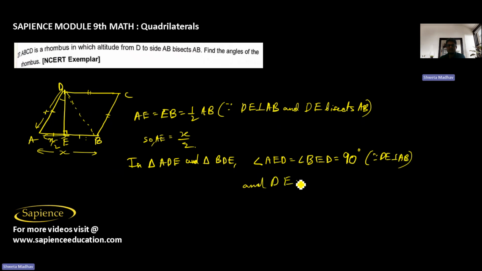DE is a common side, and AE equals BE, since both are equal to x by 2, which is AB by 2.